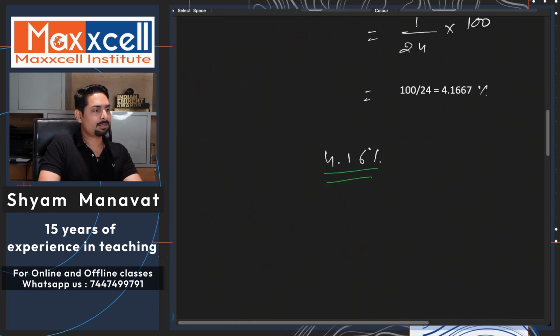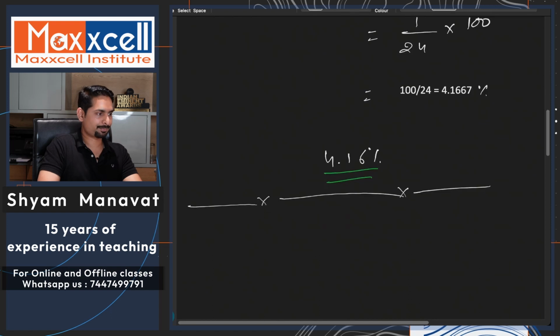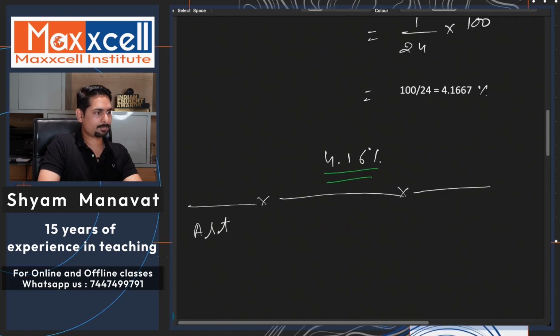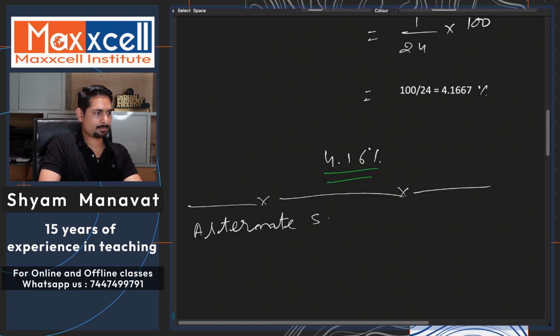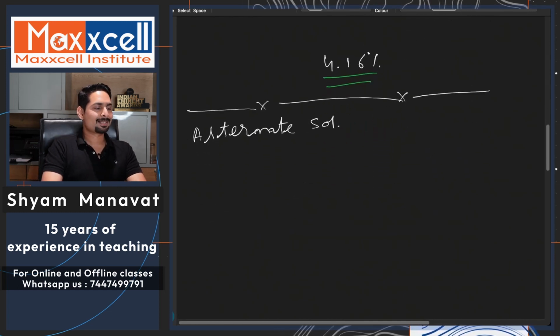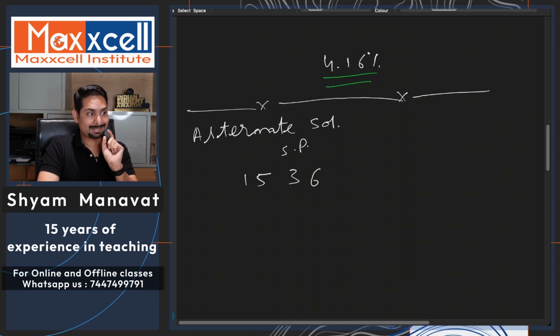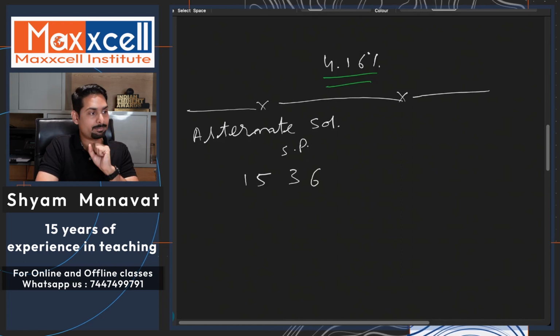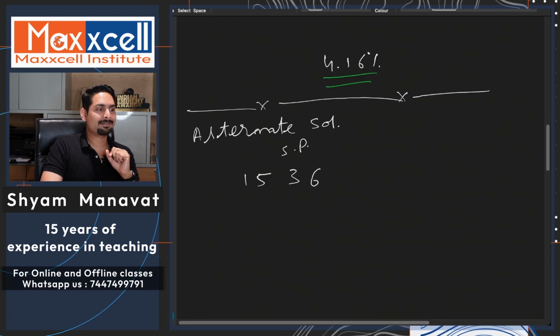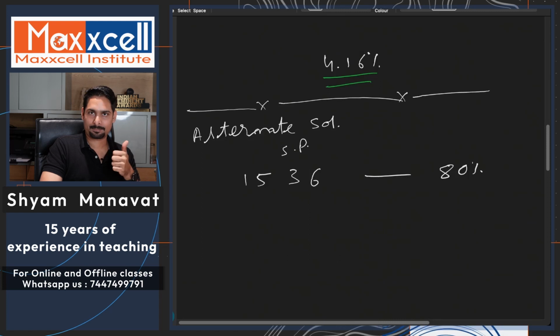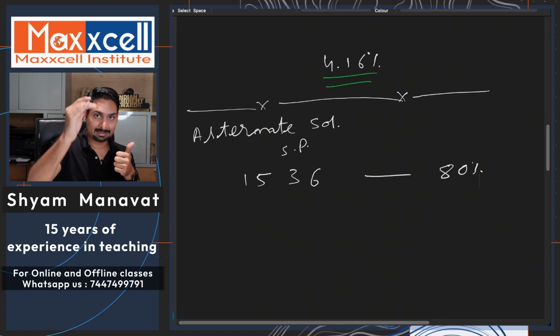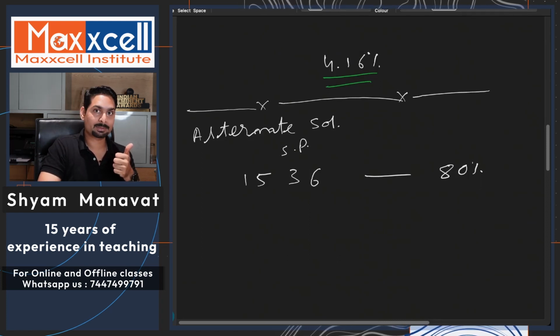Now look at the alternate solution. This 1536 is the selling price, with a loss of 20%. That means, can we say this is nothing but 80% of the cost price? Yes, 20% loss, 20% less. So this should be 80% of the cost price, right?